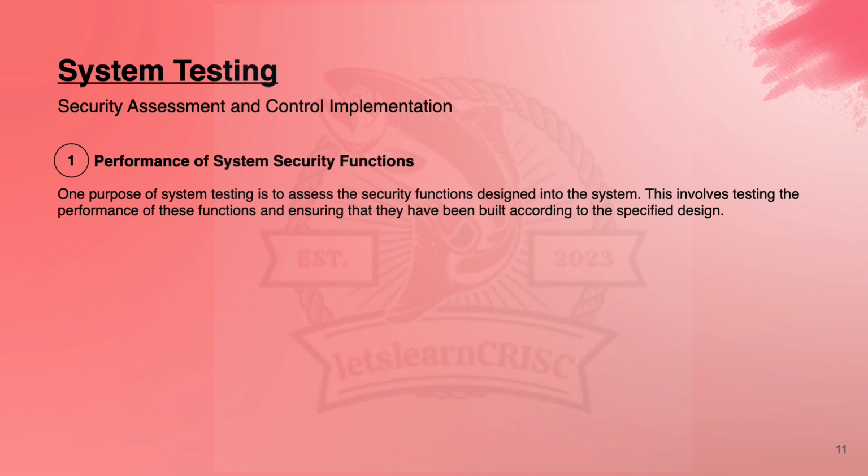System testing verifies that the security functions have been built according to the specified design and requirements outlined during the development phase. It also involves the evaluation of various security mechanisms implemented in the system, including those related to data protection, access control, and threat detection.